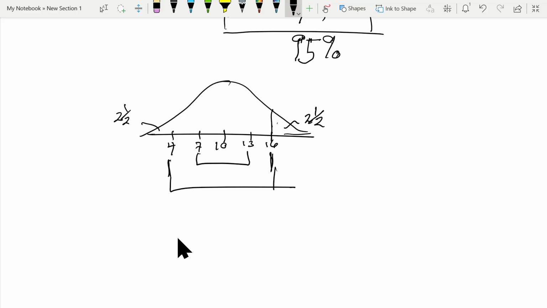What's in the middle between 7 and 13? 68. So I have 100 minus 68 is 32. So I've got a 32% chance of being down there or being up there.